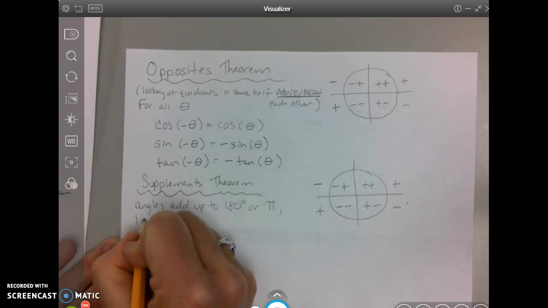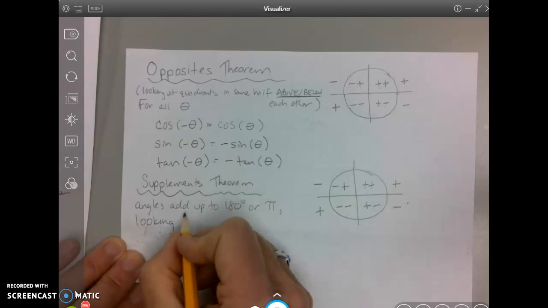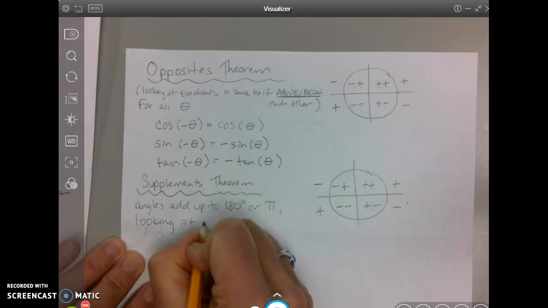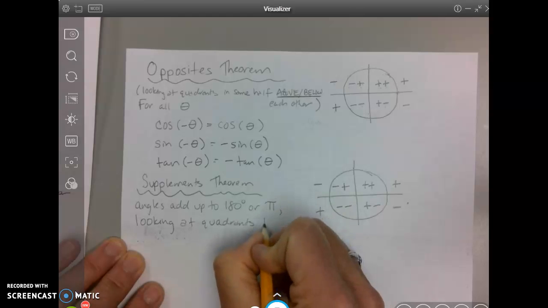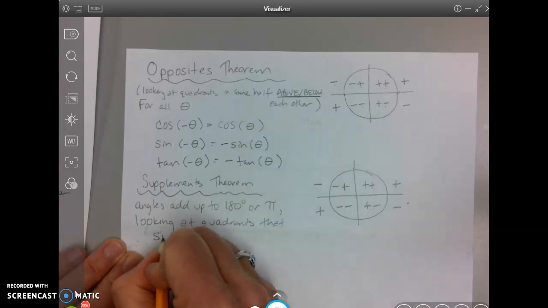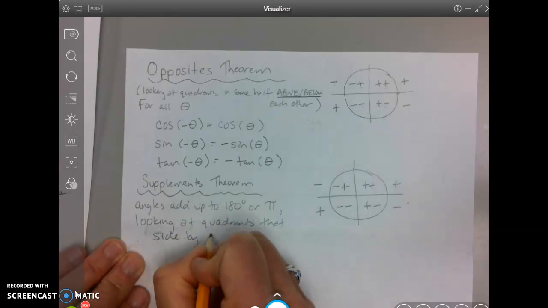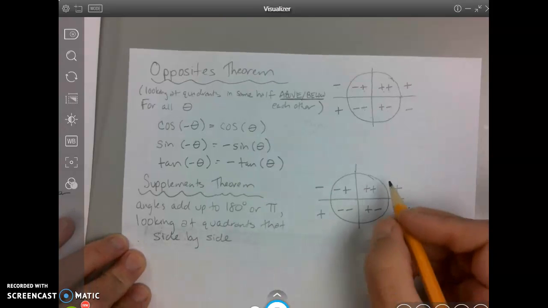So we are looking at quadrants that are not above and below, but they are side by side. That's what we're looking at.